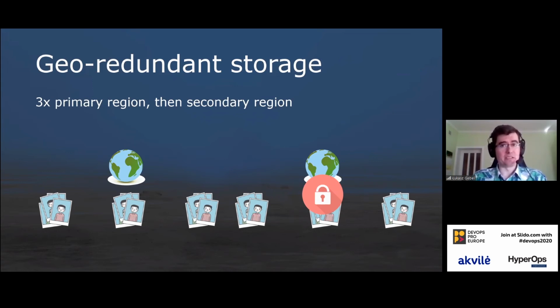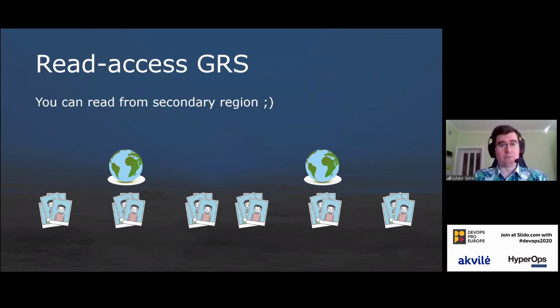You cannot read this data in the secondary region. It will be available in case of failure of your primary region, but it's not available for you as you go. If you want to read it, you have to pay for it, of course, and you have read access geo-redundant storage. And now you have full writes and full reads on both primary and secondary regions.